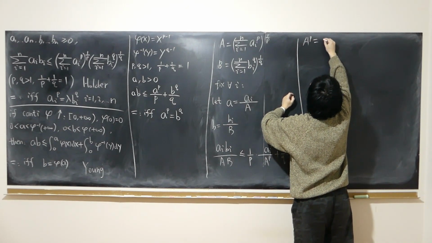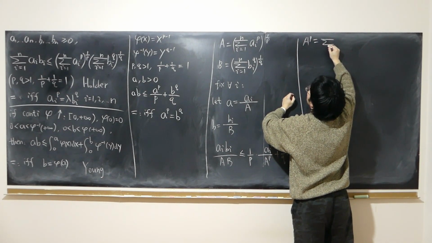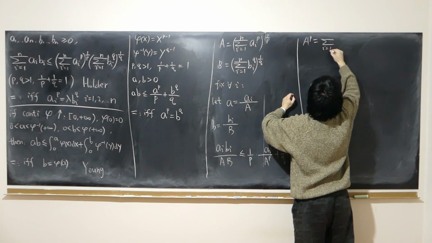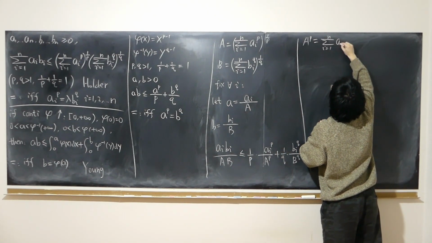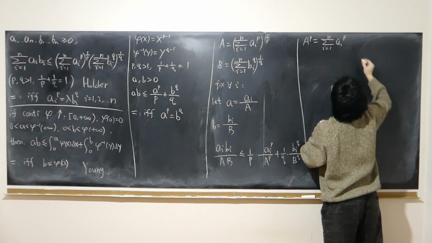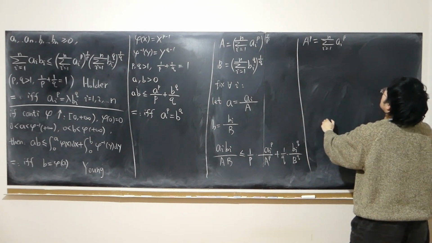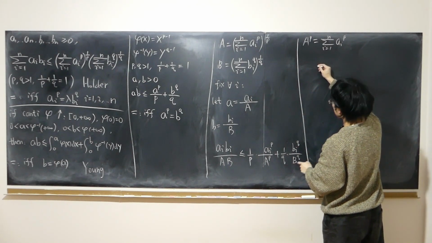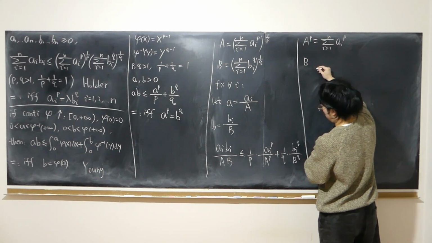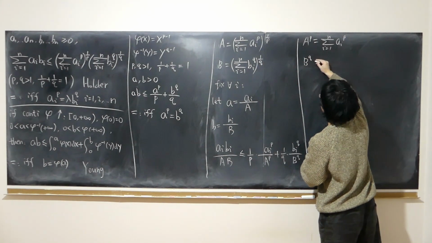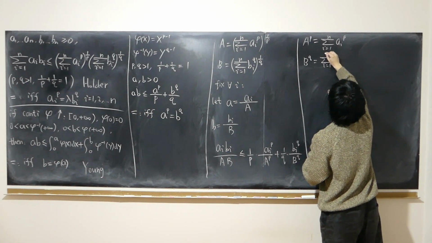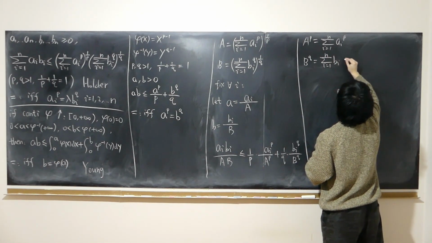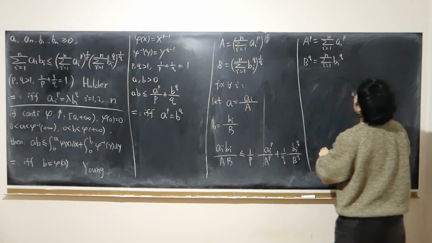I have the sum from i to p, right? And also, likewise, B to the power of q, for the same reason, is equal to the sum from 1 to n of b_i to the q, right?